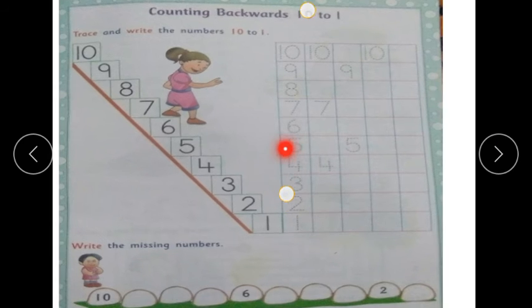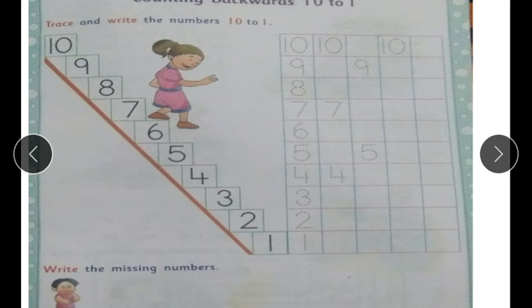Here trace and write the numbers 10 to 1. So let's learn backwards counting with these stairs. This is the stairs. When you have to go upwards, you count the stairs 1, 2, 3, 4, 5, 6, 7, 8, 9, 10.